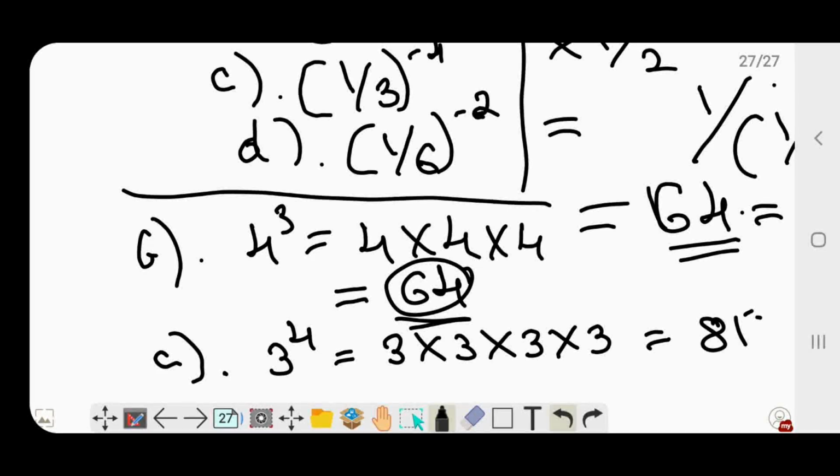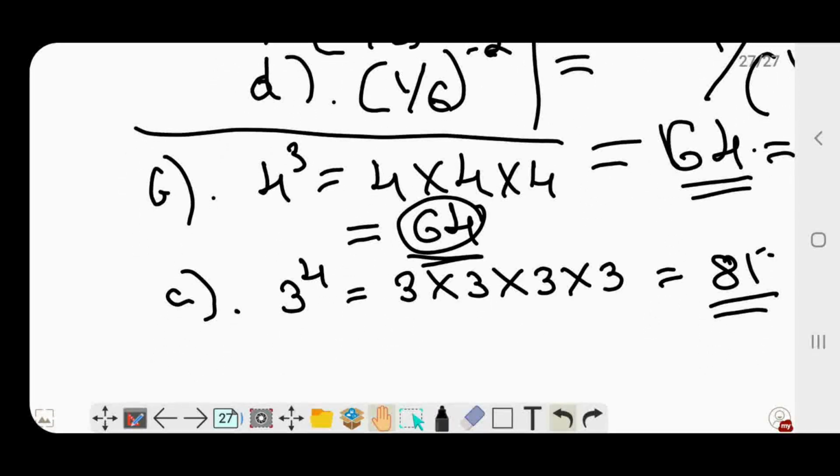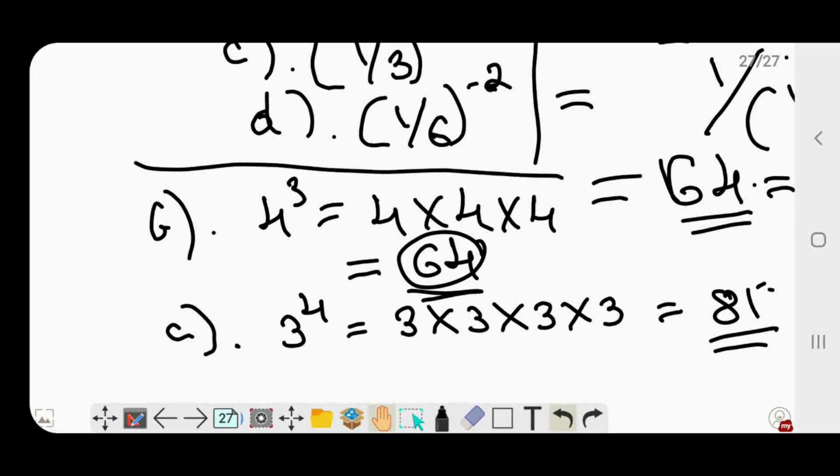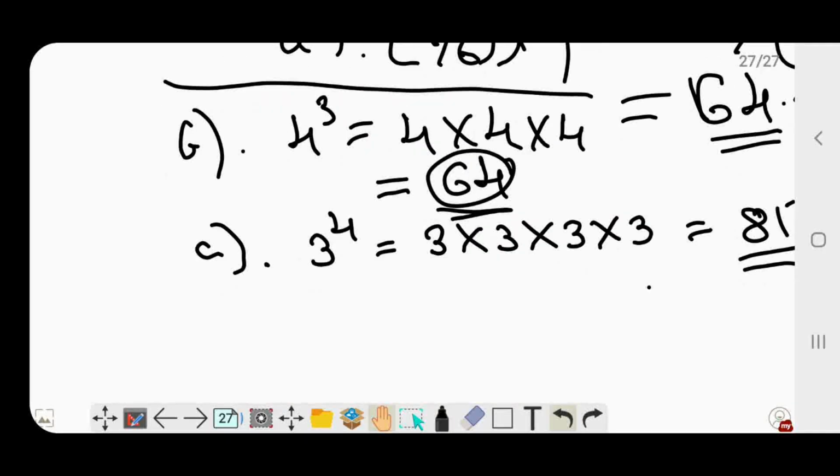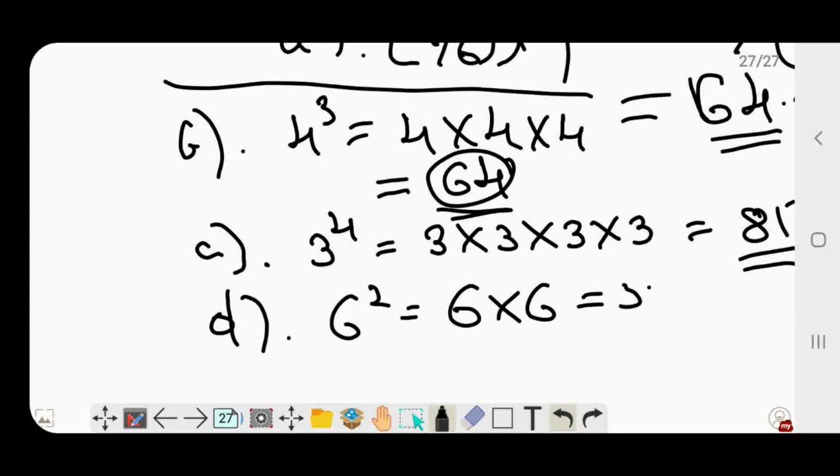So option C is the highest till now. Option D is 6, since it is minus 2, it will be 6 to the power 2, which is 6 into 6, which is 36. So option C is the largest option and happens to be the right answer.